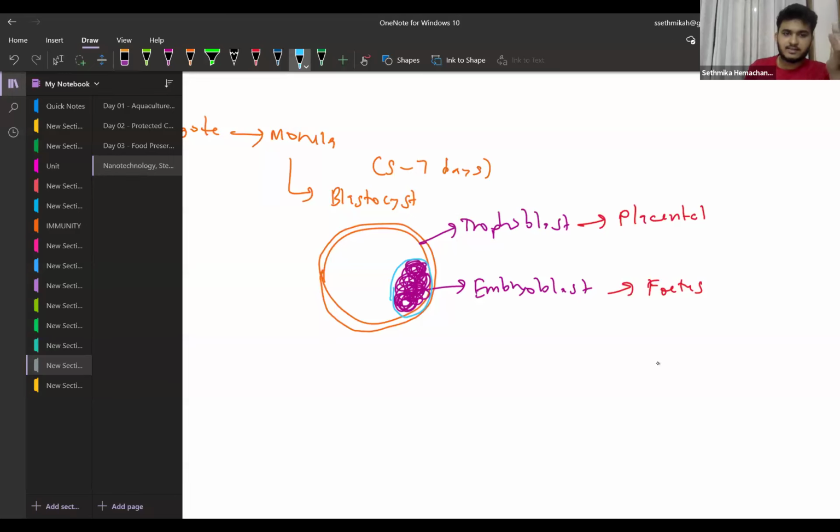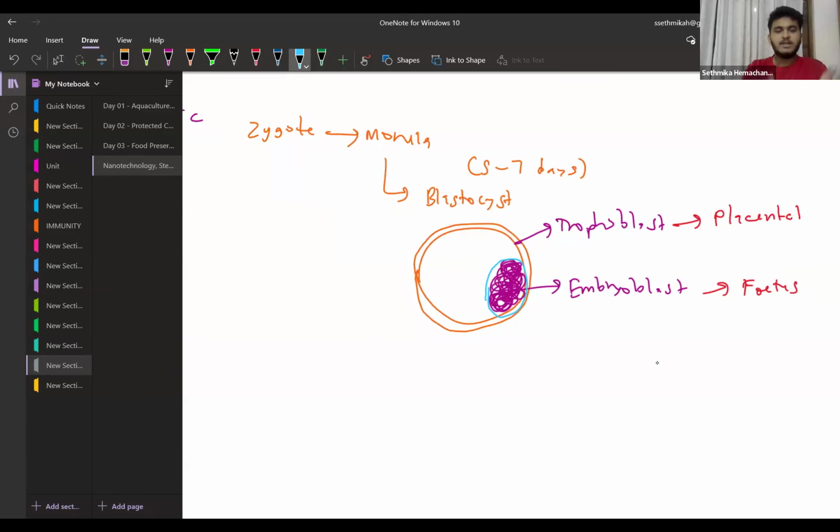What happens is when the zygote is formed, the zygote undergoes mitosis to form the morula. Then the morula undergoes more mitosis to form the blastocyst, and the identical group of cells will form the outer cell mass and the inner cell mass. The inner cell mass has a group of identical cell types.